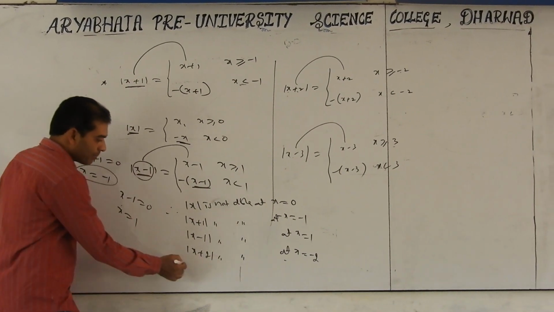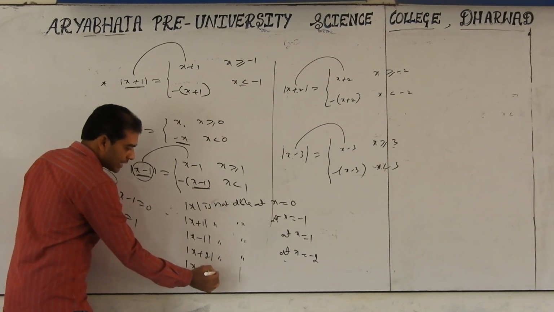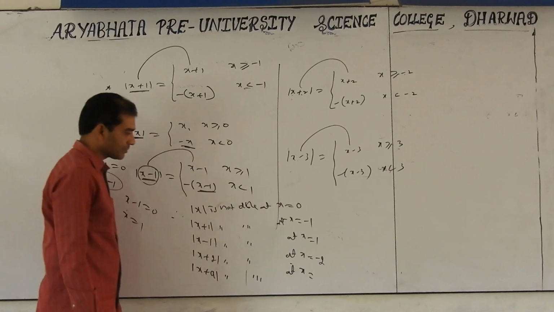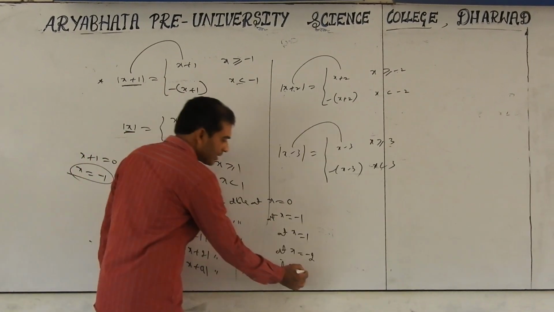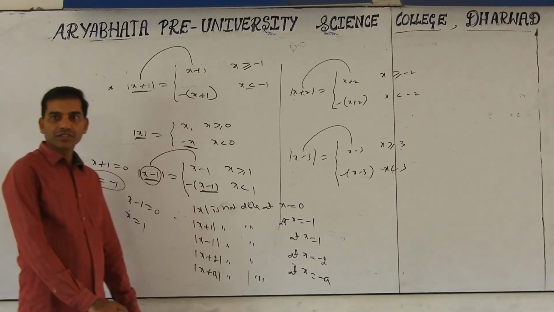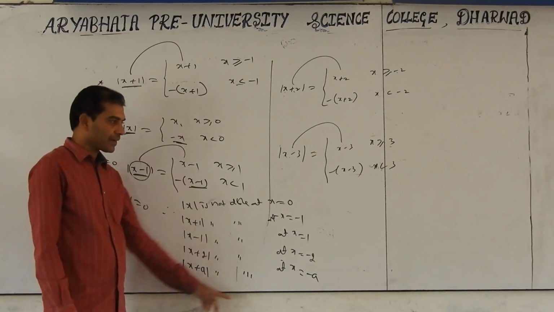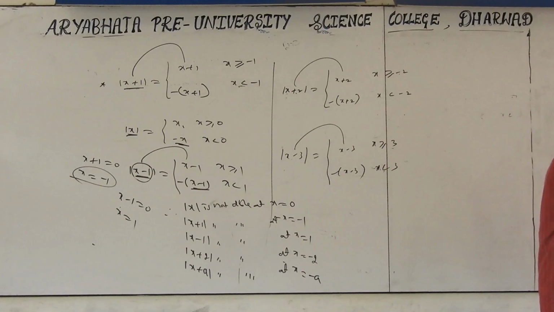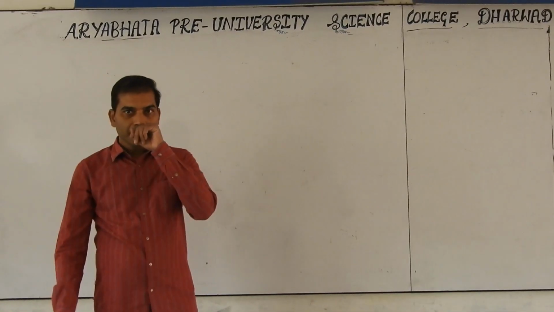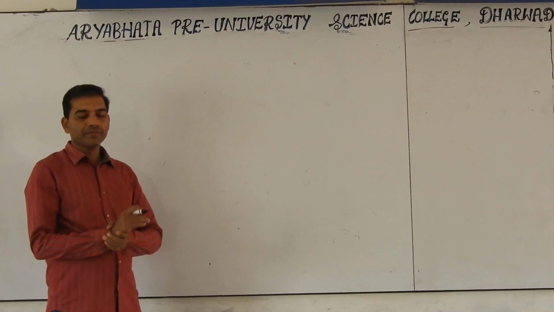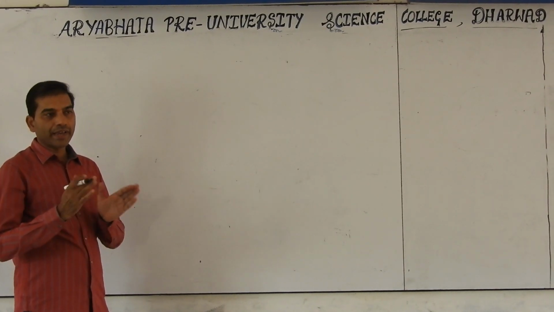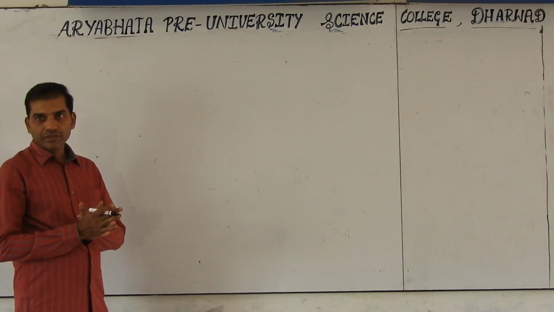Therefore, mod of x plus a is not differentiable at x equal to minus a. It's most important for power. Mod x is not differentiable at 0. Mod x plus 1, minus 1.